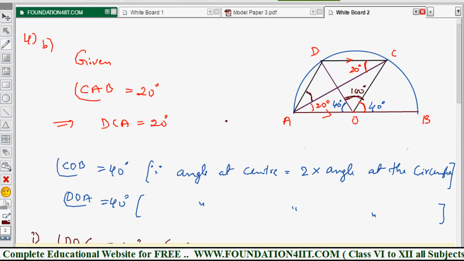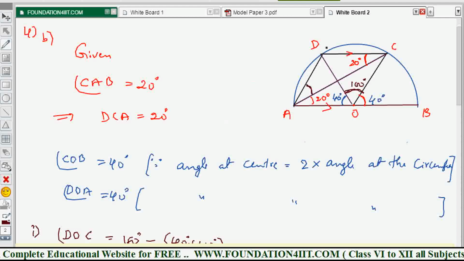DC is the arc, the angle is subtended at the center, and from D and C to A. So subtending at the center is double compared to the circumference at the remaining part.